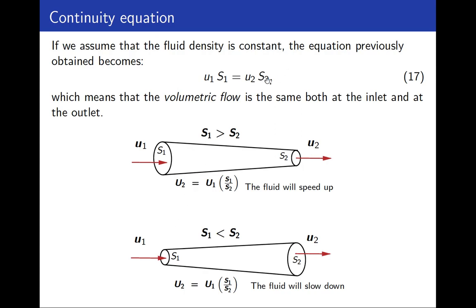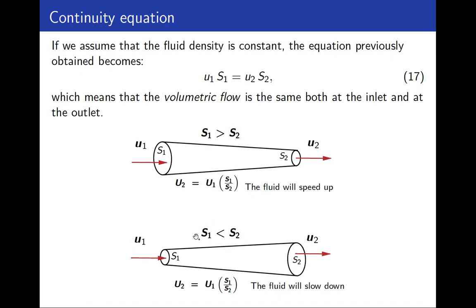We pass this element to the left side of the equation, and we obtain the following relation. And we know that this ratio is bigger than 1 because this surface is going to be bigger than this one. So this equation will tell us that the fluid at the outlet will speed up. U2 is going to be much bigger compared to the velocity at the inlet.